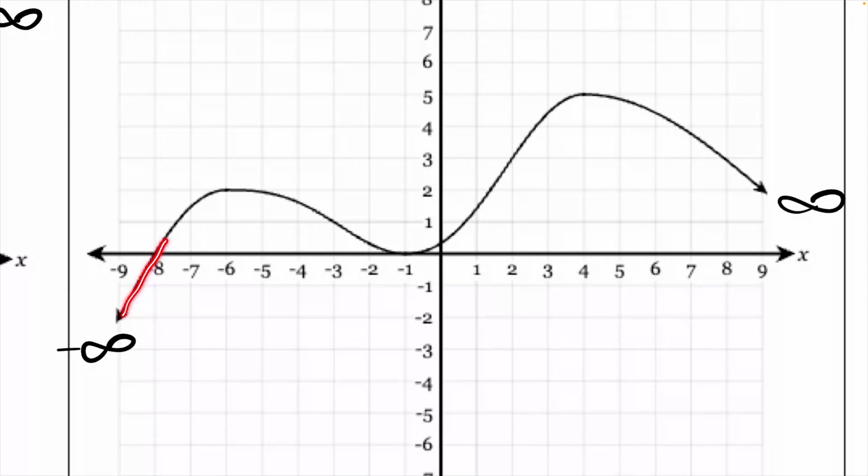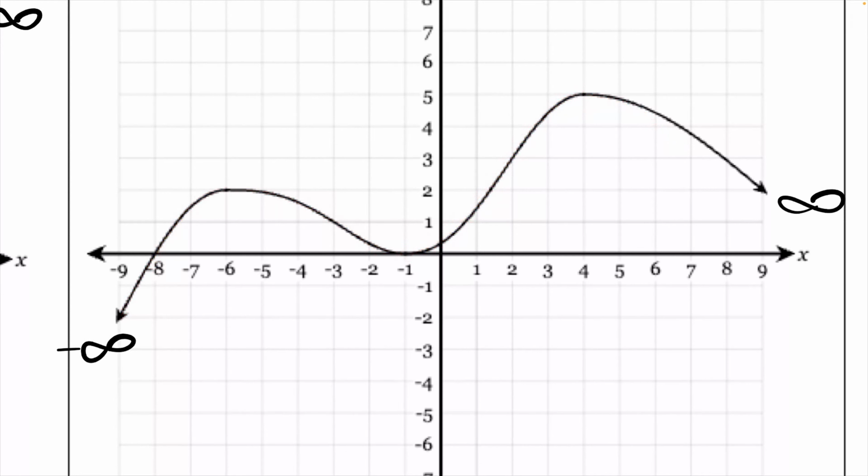So I'm going up, right? And then I change direction there, right? So that means that's going to be a top. And then I change direction again, right? Where did I change direction? There. And then I change direction one more time. So anywhere I change direction is going to be either a relative at least.